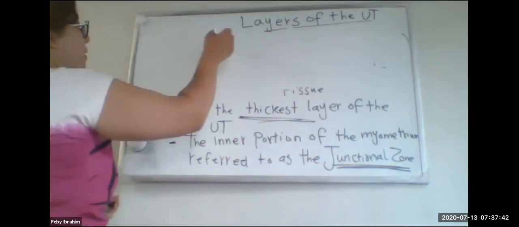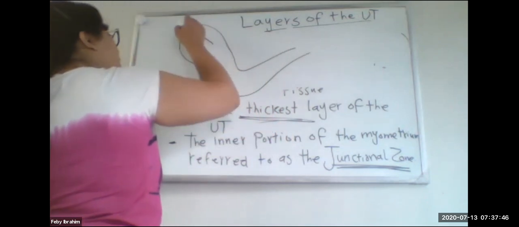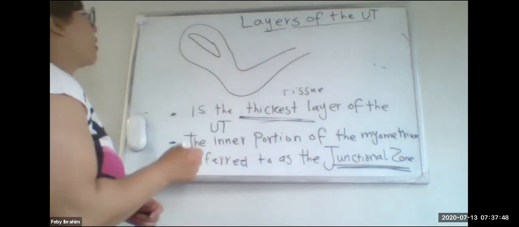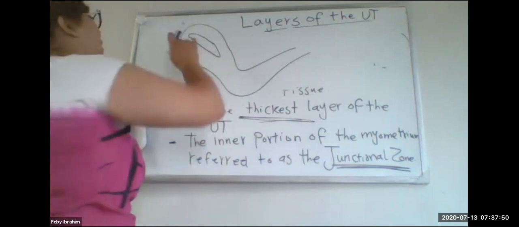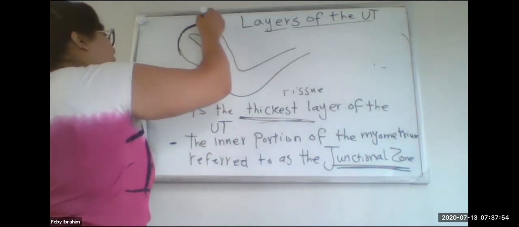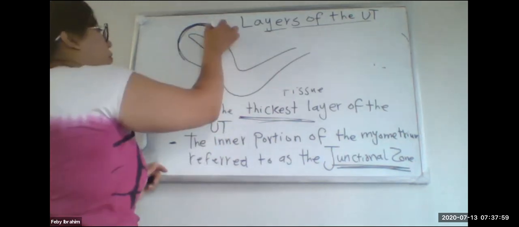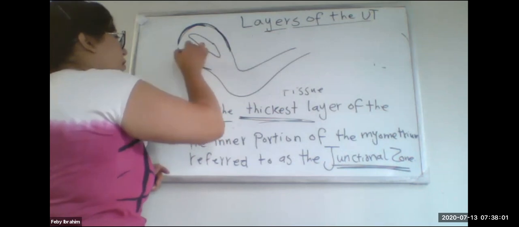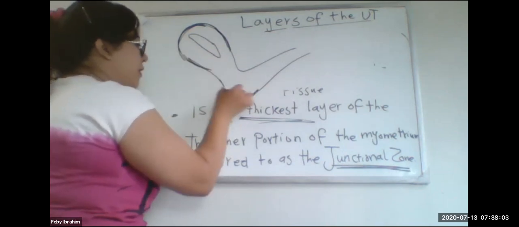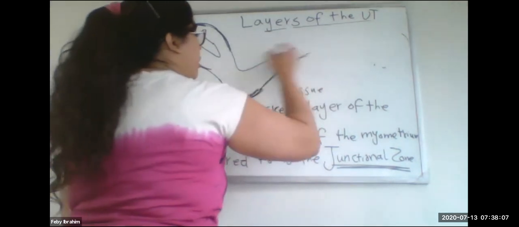Look, guys, this is how the uterus looks like in ultrasound. This is the fundus. Remember, the fundus is the widest and most superior part. Then we have the body area, and this is the cervix area. This is the vagina.